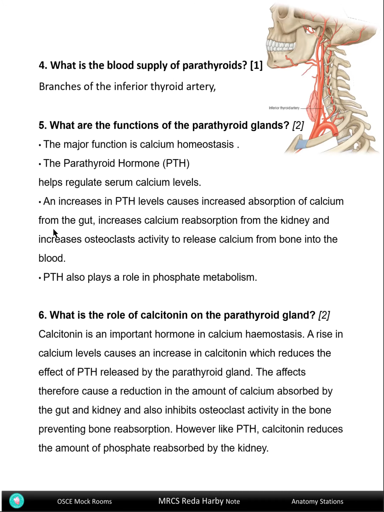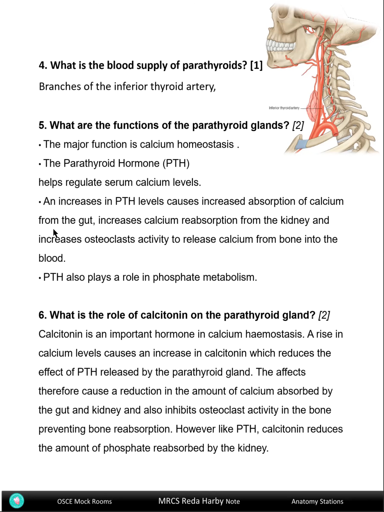When I increase the parathyroid hormone, the parathyroid will tell me your hormone goes on, increasing the calcium. So once calcium increases, this will increase the calcitonin from the parafollicular C cells of the thyroid.